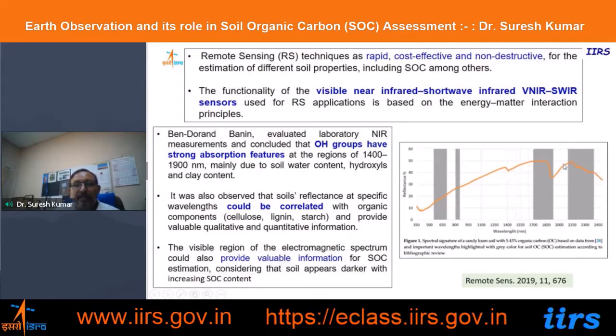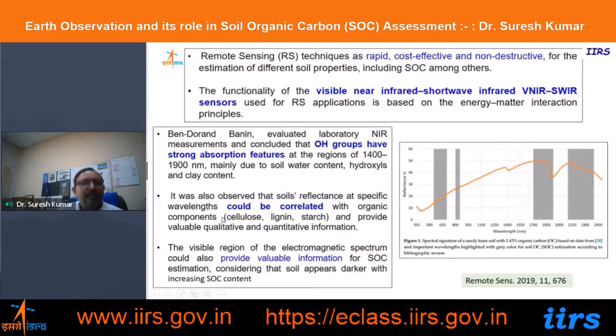That's why you get high absorbance or low reflectance. So soil reflectance is a cumulative effect of mineral content, mainly clay content, moisture content, and organic carbon content. Its reflectance is not directly governed only by organic matter, but also by soil water and clay content.